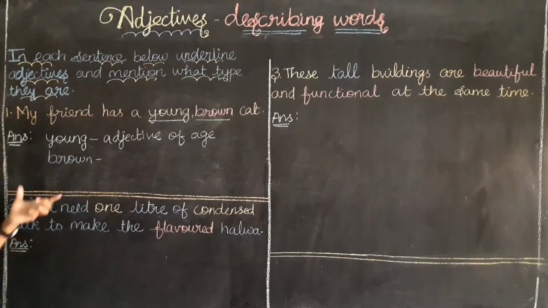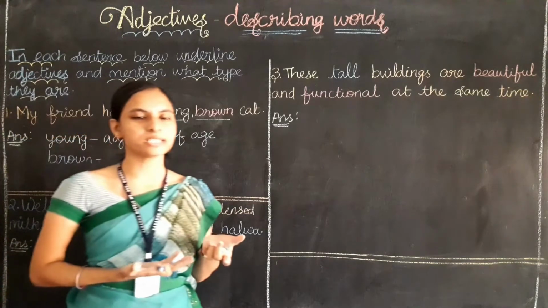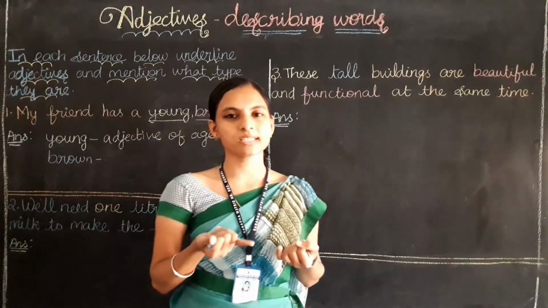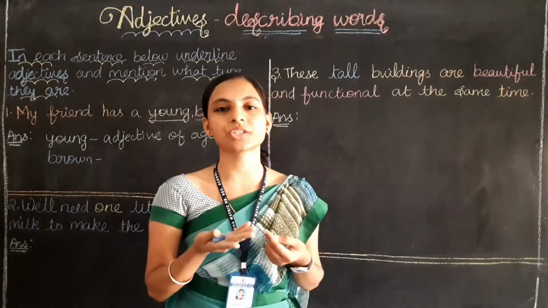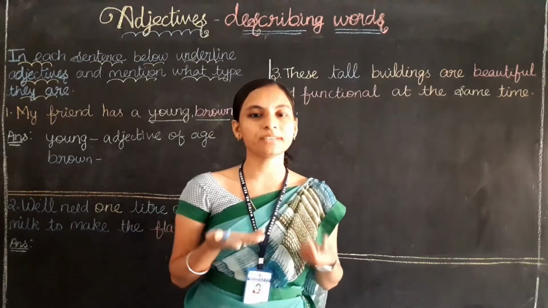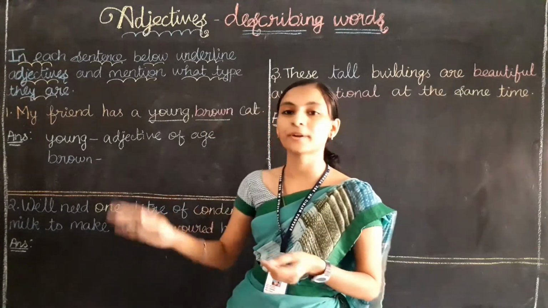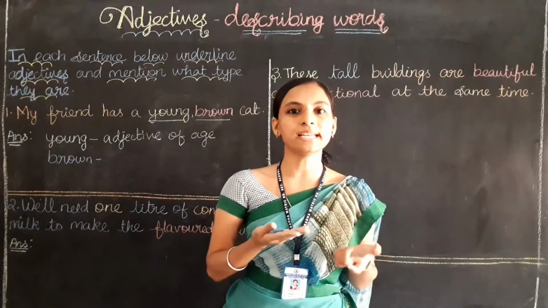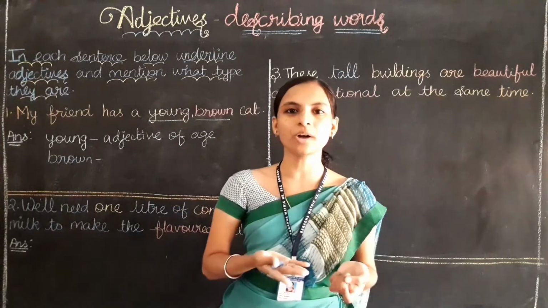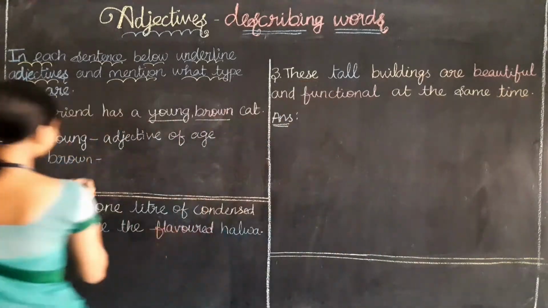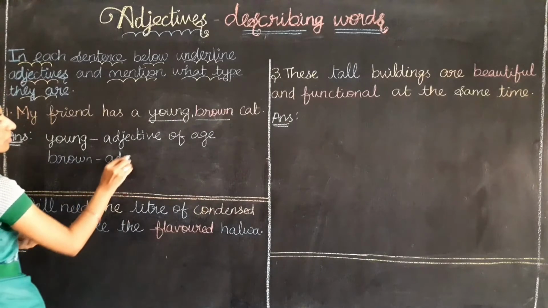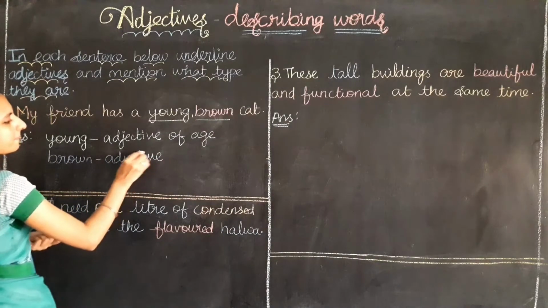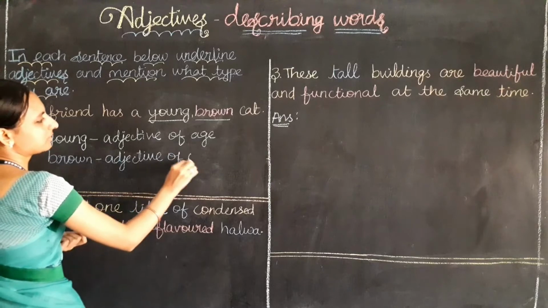Brown. Can you tell me what type of adjective it is? Whether it talks about a taste or color or size or shape or quantity or quality, which type of adjective is the word brown? Yes, brown is a color name. So this is the adjective of color. We are going to write the answer, that is adjective of color.